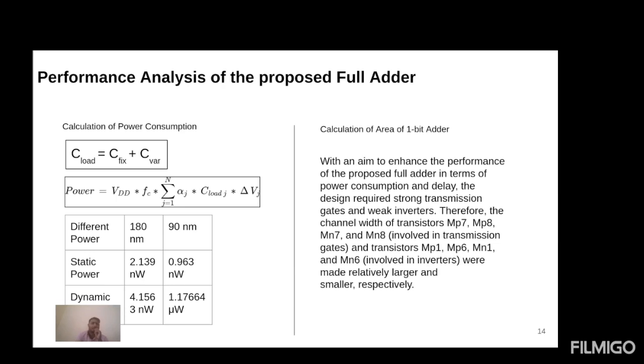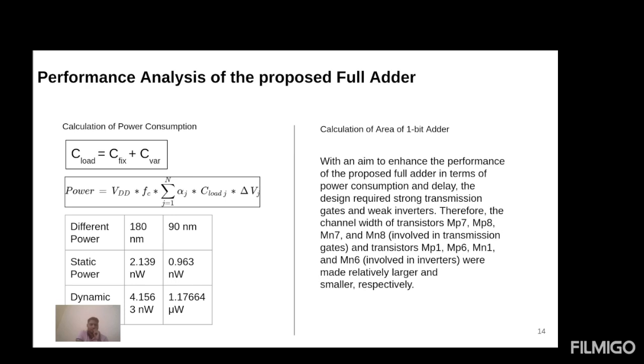Here is the elaborated form, where j denotes every node, FC is the clock frequency, VDD is the power rail voltage, and alpha is the activity factor.